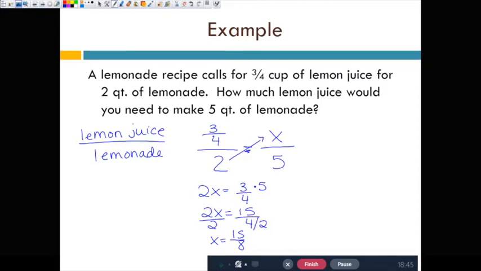So what would be my mixed number here? 1 and 7/8 cup. So I would say I need 1 and 7/8 cup of lemon juice. If you did it as a decimal, that would be fine as well. I would be okay with that, because this is a word problem, and 99% of the time you use decimals for word problems.